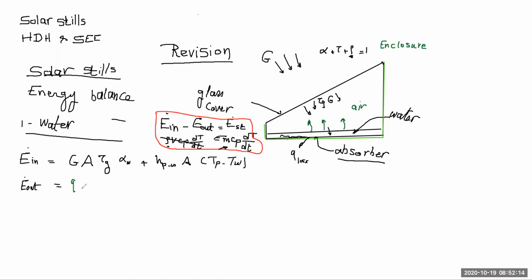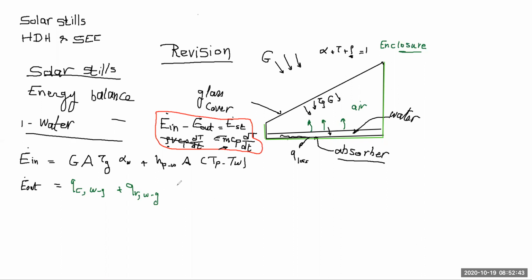So this is convection from the water. Actually, because it's natural convection in an enclosure, it is going to be from surface 1, which is the surface of the water, to surface 2, which is the surface of the glass. So I can put it like this, from water to glass, plus Q radiation from water to glass.